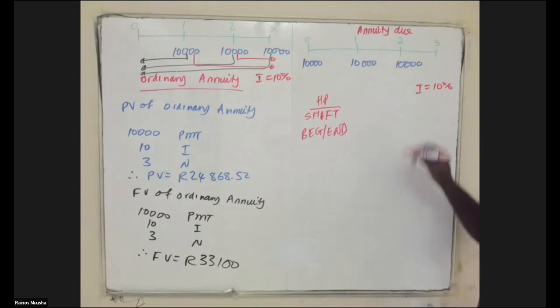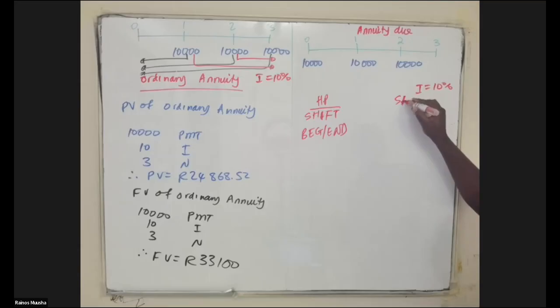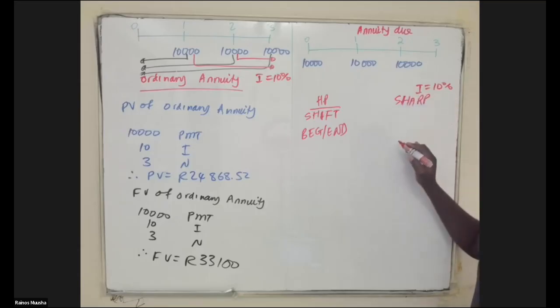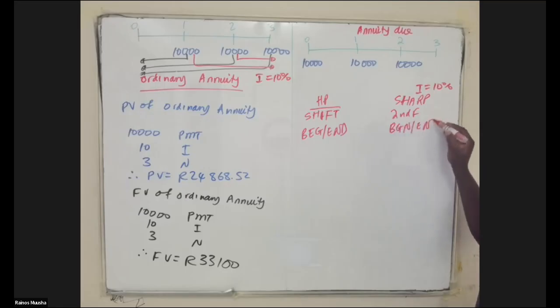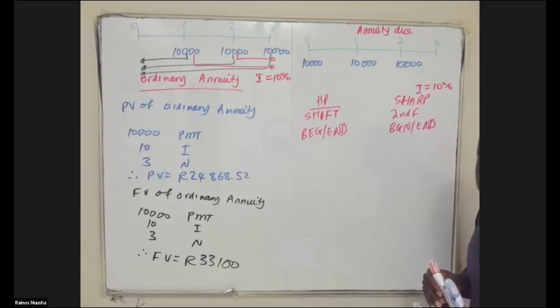And if you're using the Sharp calculator, you press second function, BGN/END, and at the top of your screen it will show you BGN.